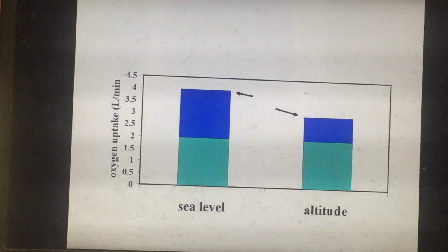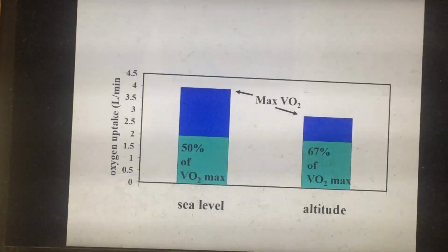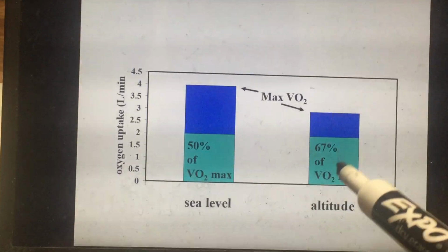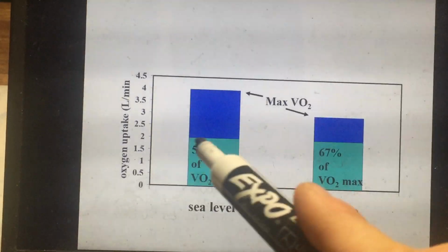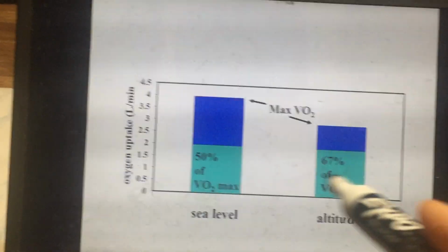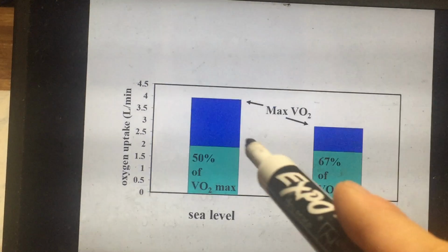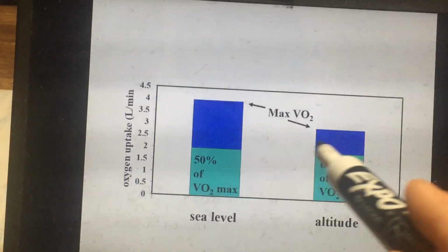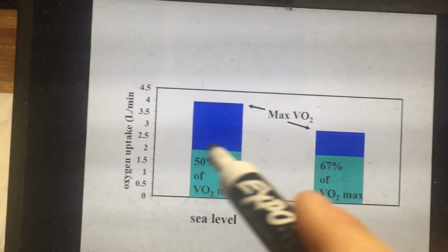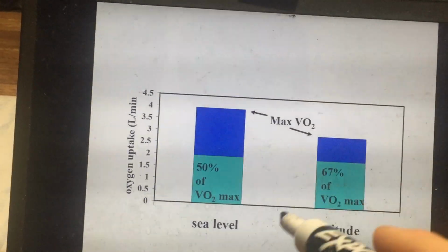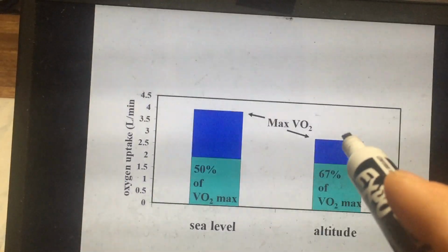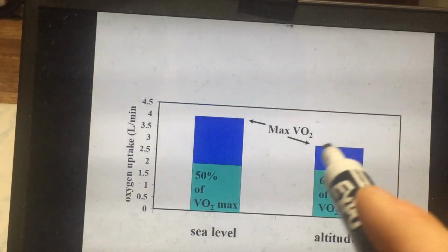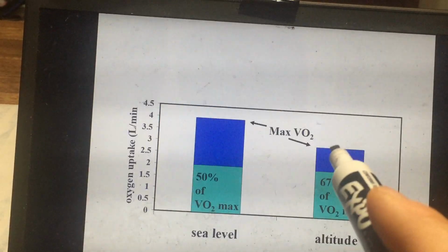And that is explained by this graph. The green part of these bars represents your absolute oxygen uptake at sea level and altitude, and you can see the level is exactly the same. This is for a submaximal work rate. Now it feels a lot more difficult at altitude because your maximal oxygen consumption is reduced at altitude.